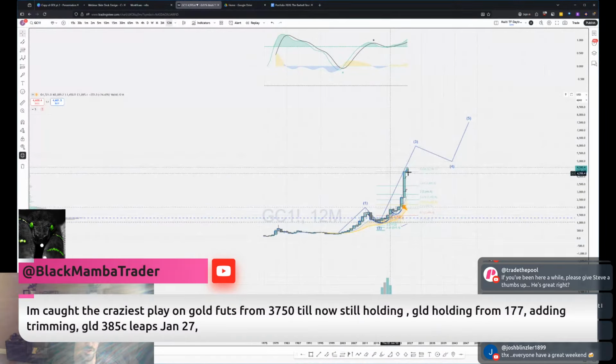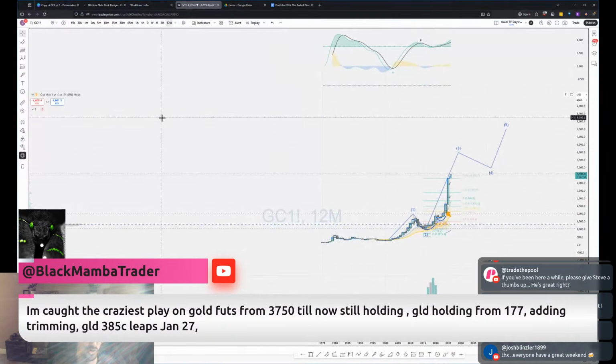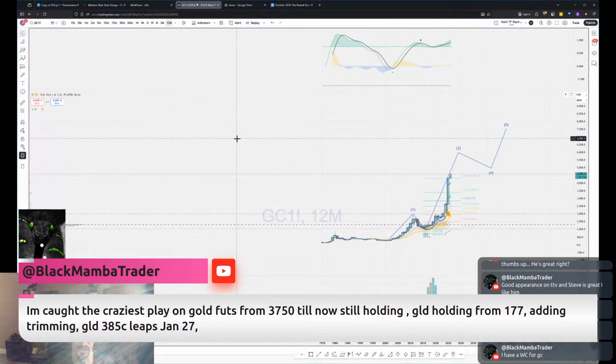Everybody's so sure that this is going to be the top for like a decade, and I'm saying, go do your homework, go read some history books. This does not look like the start of a big sell-off in precious metals and risk-off assets that go up when geopolitical tensions go up and when commodities start moving up. So I'm very, very bullish.